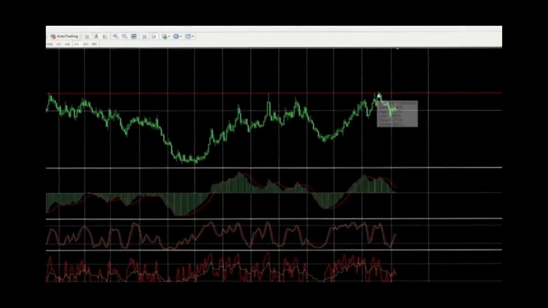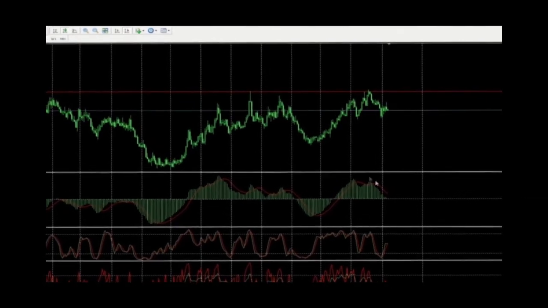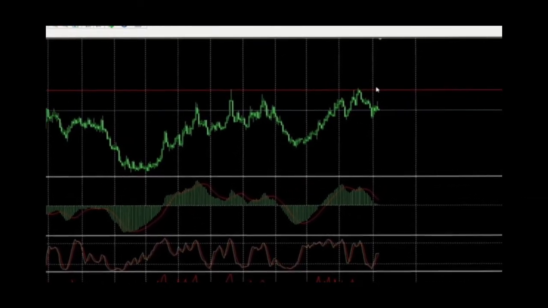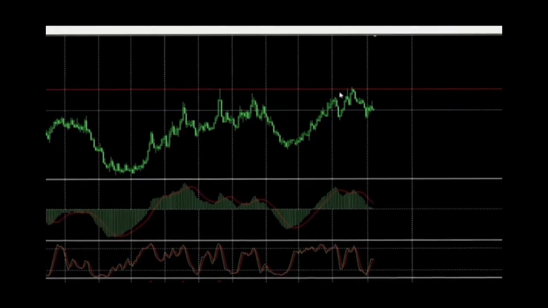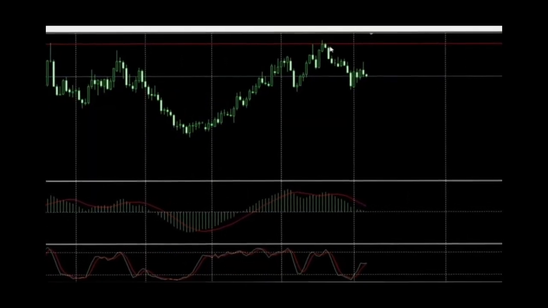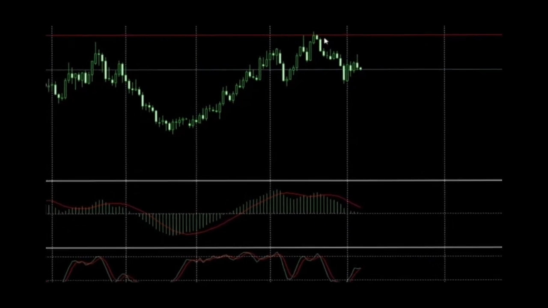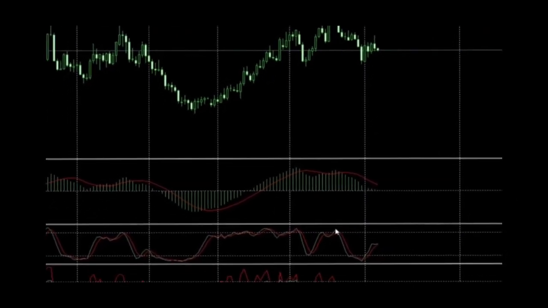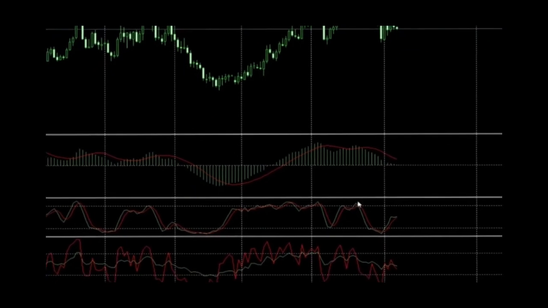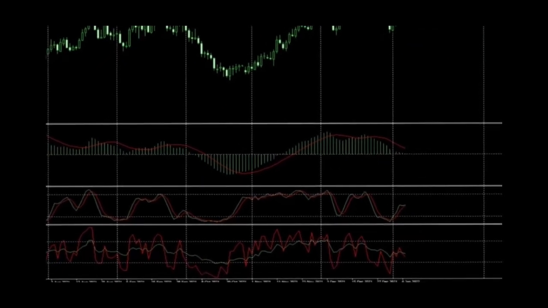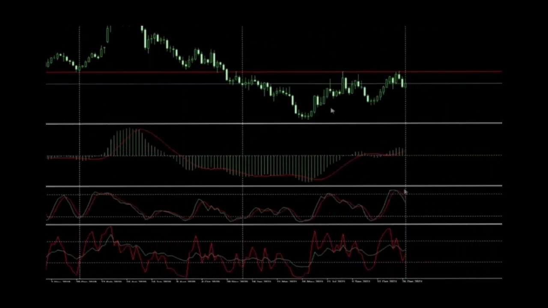They came up to the level, then they created this pattern here, which is a divergence once again. So I would have waited for the market to come here and create a pattern, but the stochastic would have needed to be above 80 on daily, weekly, and monthly.